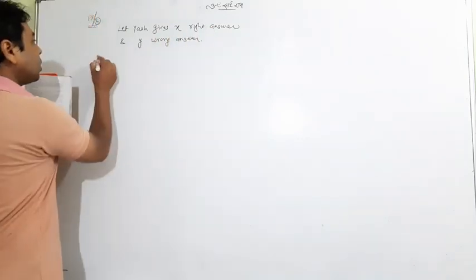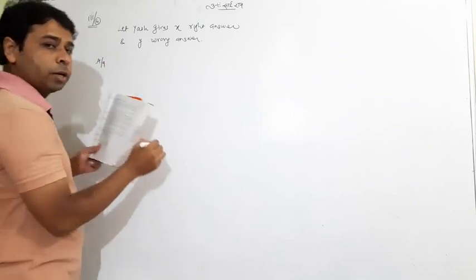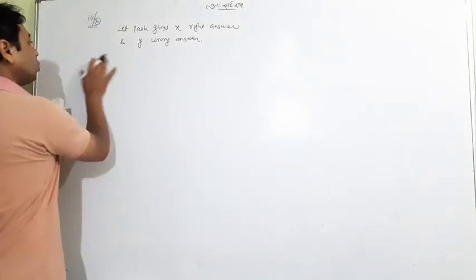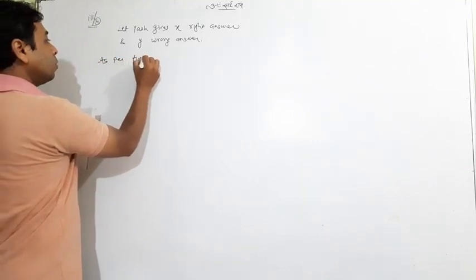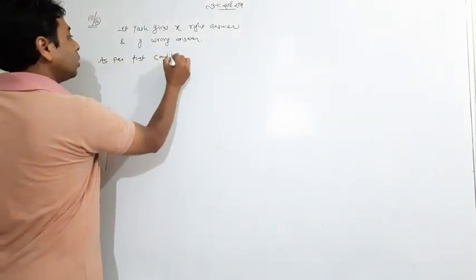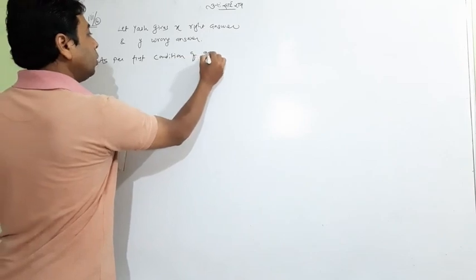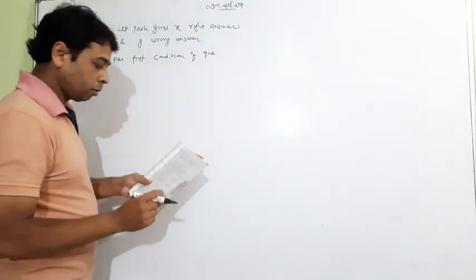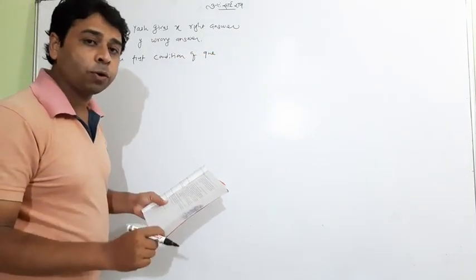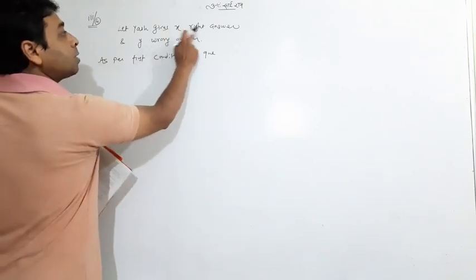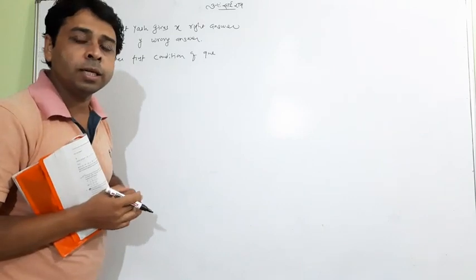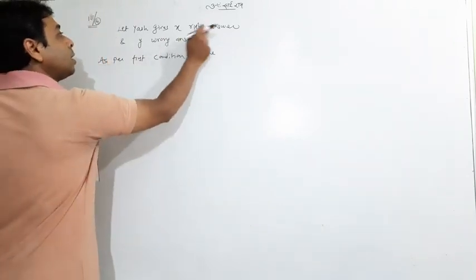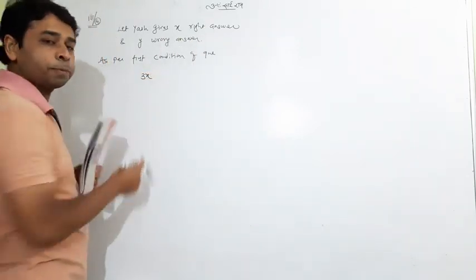So as per the first condition of the question, getting 3 marks for each right answer. X right answers he did. For one answer he gets 3 marks, so for X right answers he gets 3x marks.